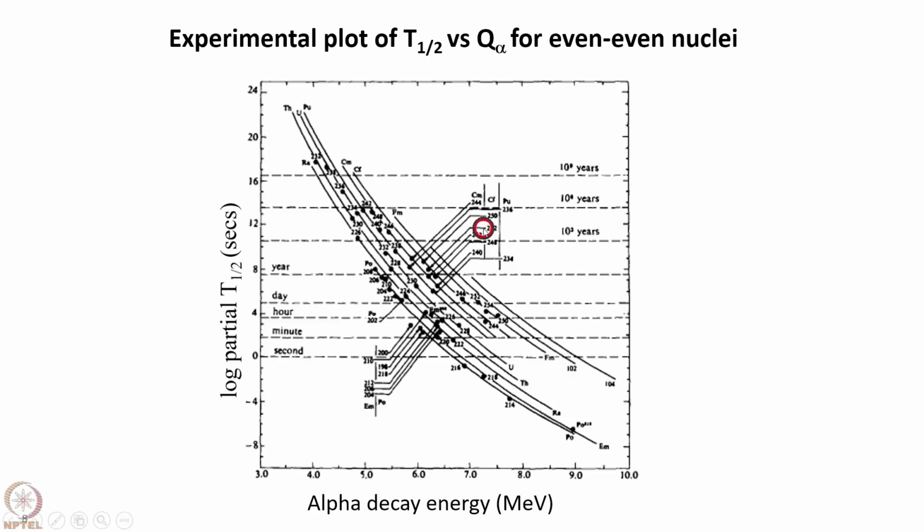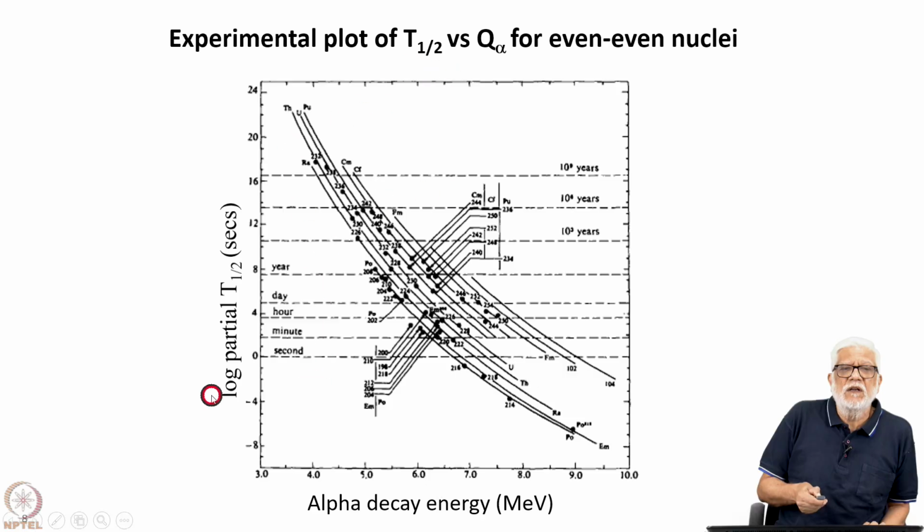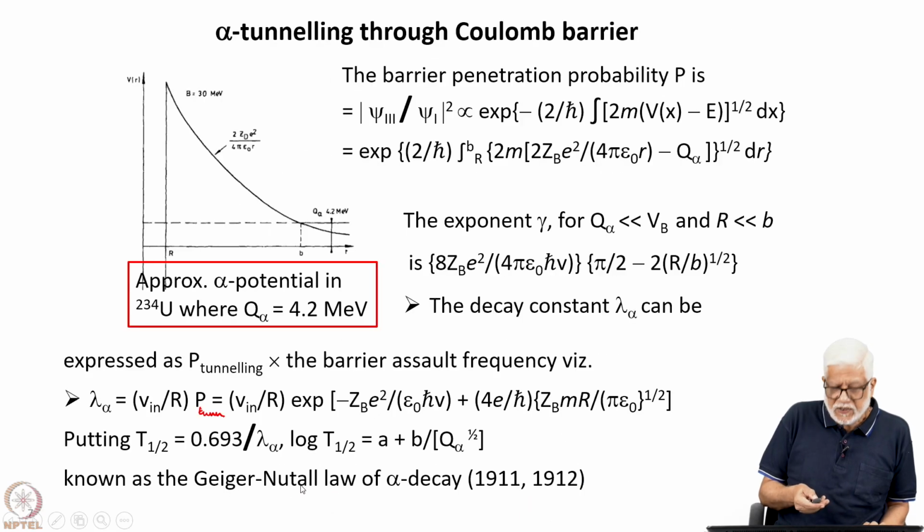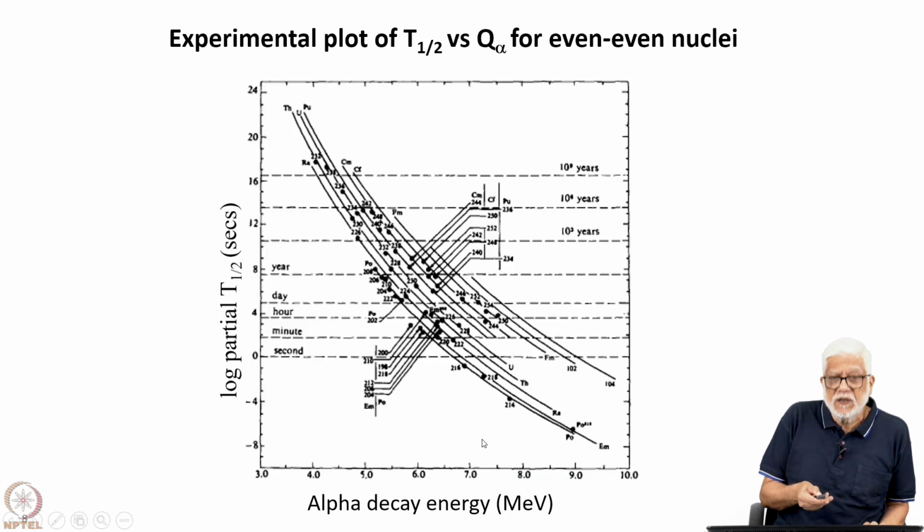So this is an experimental logarithmic plot of the partial half-life in seconds versus the alpha decay energy. Okay. So as you can see from the previous slide, if I plot log of t, then this should go like 1 by square root of Q alpha, and in fact this seems to be roughly obeyed by the systematics here.